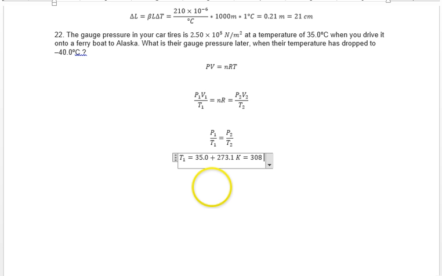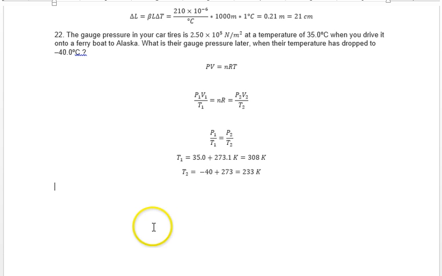Just call it 308 Kelvin. That's T1. And T2 is minus 40 plus 273, which is 233 Kelvin.